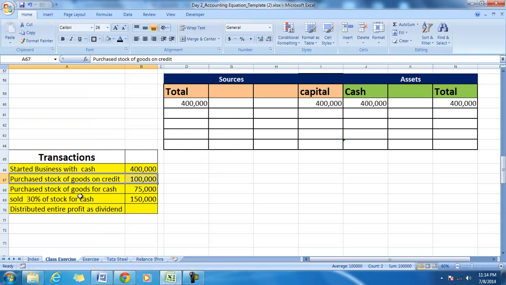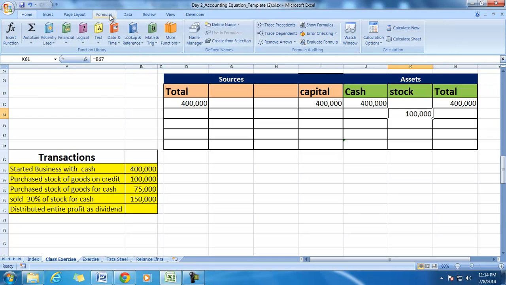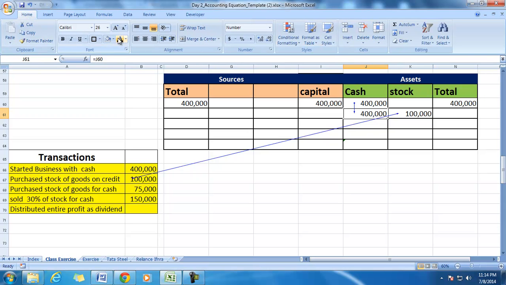In this case the goods have been purchased on credit, so because of the accrual principle we record it, and there is a stock of goods equal to 100,000. It has been received on credit, so no change in the cash, cash remains the same.